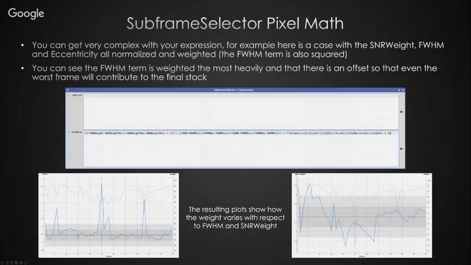Likewise, this image here, the signal to noise ratio wasn't significantly worse than the other ones around, but the full width half maximum was so large, it gets penalized a lot. So this gives you a way to balance things out. You can focus on one thing over another. It's just a general way to tune the types of results that you're trying to get out of subframe selector.